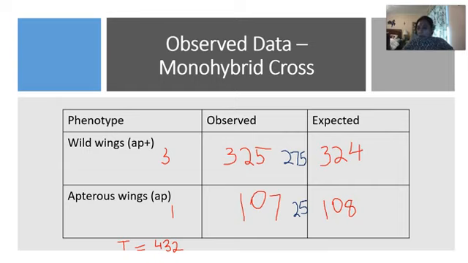You would still want to do the same thing. You would want to see how many you would expect to see. So when you do the calculation, you would have expected to see 75 flies that were apterous, not 25, and you would have expected to see 225 wild type flies. So this just tells you how you're doing with that.